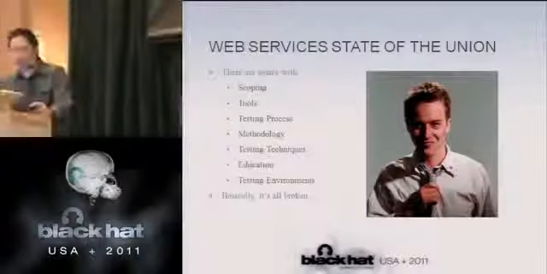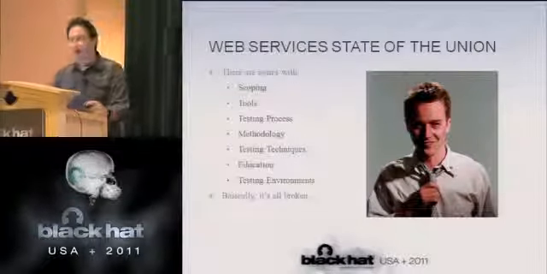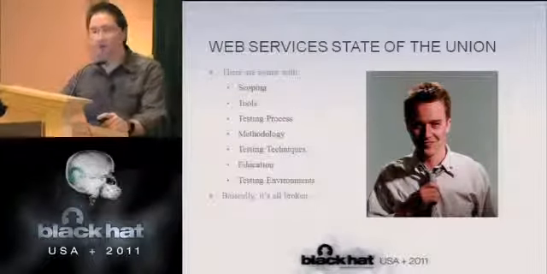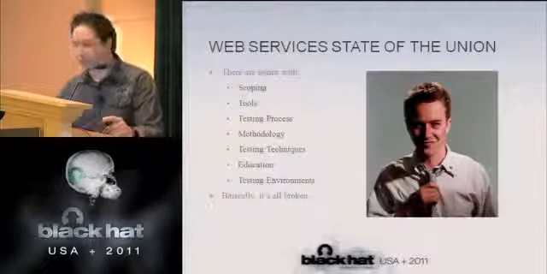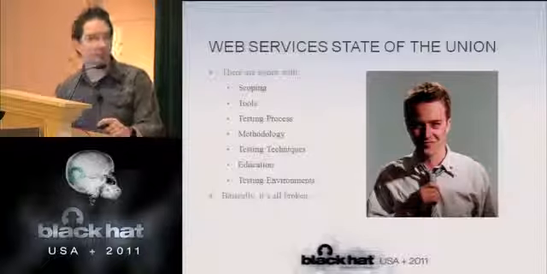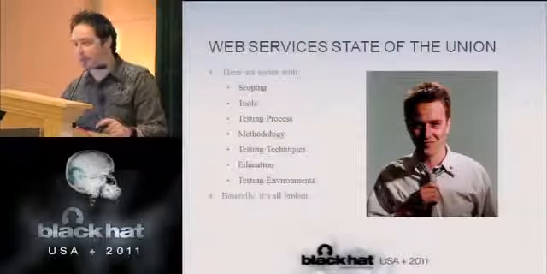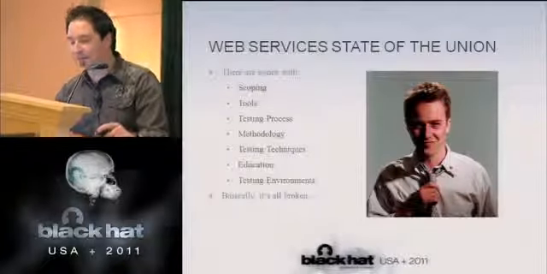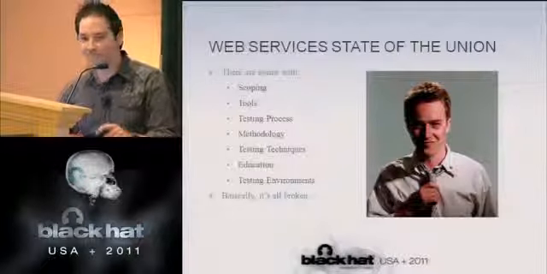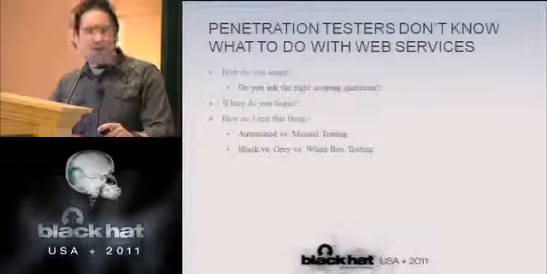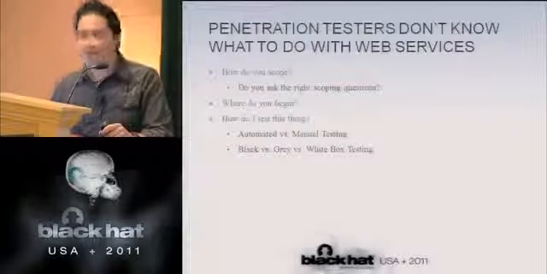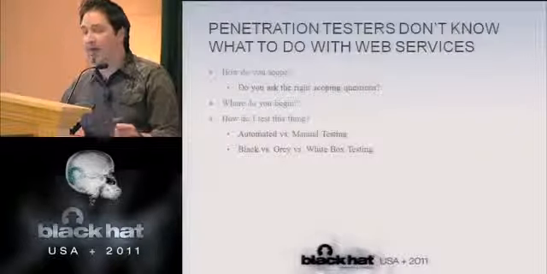From the State of the Union, based on our research, we really found a problem with all of these different things. From scoping out a web service pen test or engagement, to the tools that we use, the testing process, the methodology, techniques, education for developers, and testing environments, it's basically all broken is what we found. One of the biggest pieces is how you scope these things.